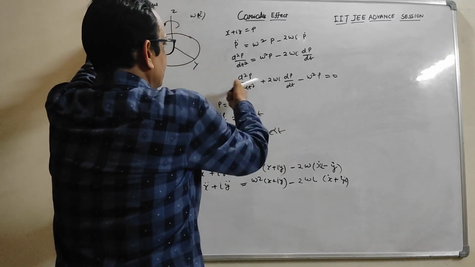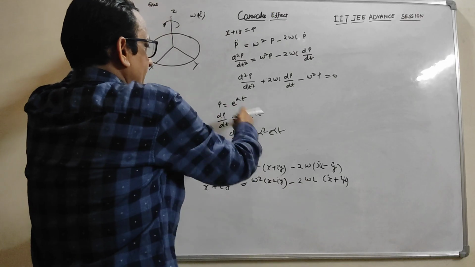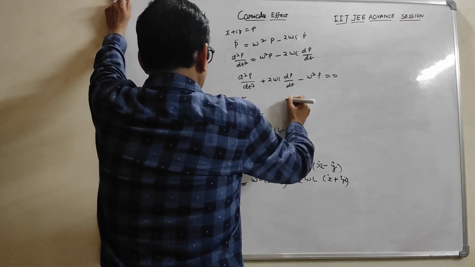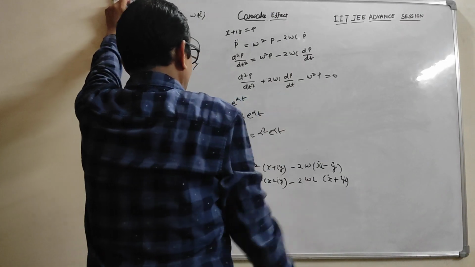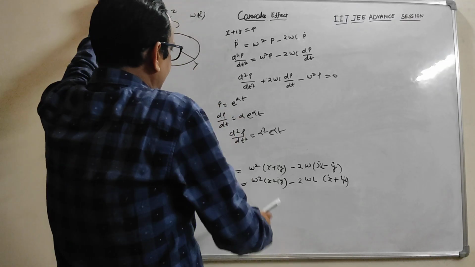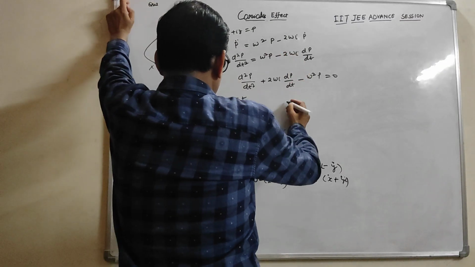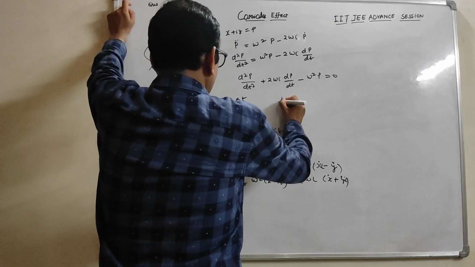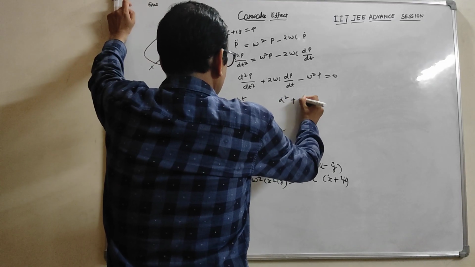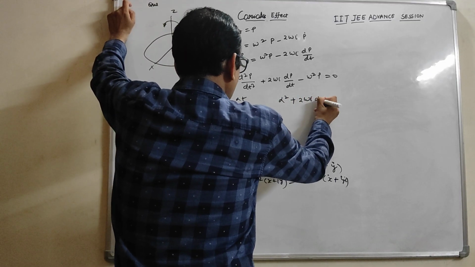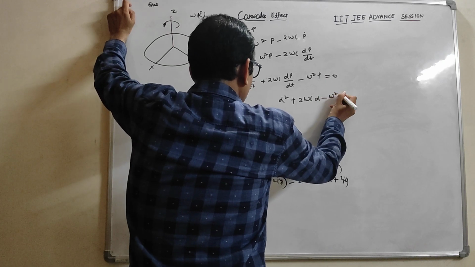Putting the values here, this forms a quadratic: alpha square plus 2 omega i alpha minus omega square is equal to 0.